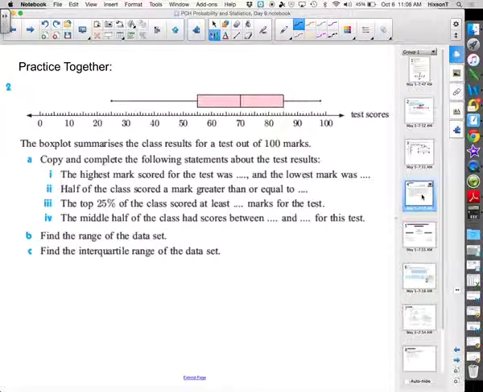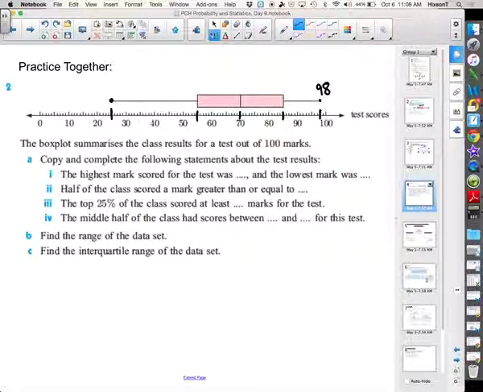Now, take a look at this box plot, just to highlight where the points are. This is at 25 exactly. This is at 55 exactly. This is at 70. This is at 85. And then this right here is at 98. Okay? So take a look at the questions.